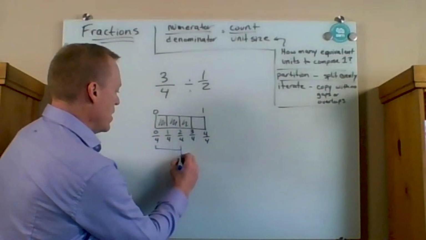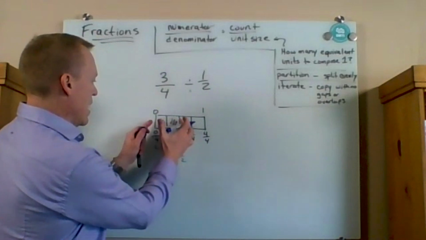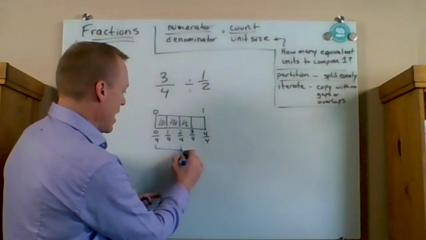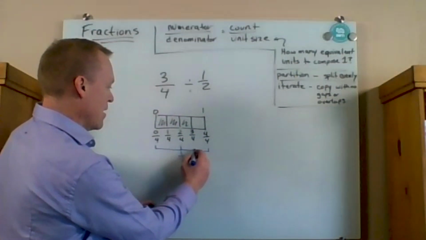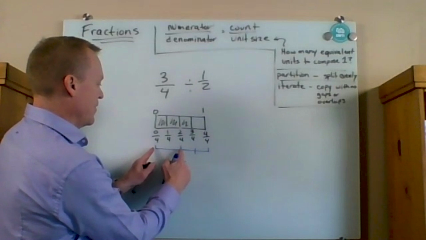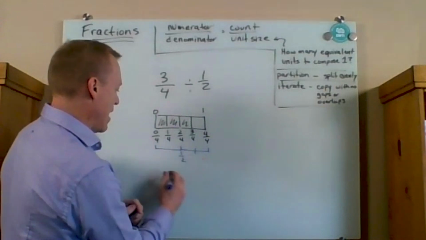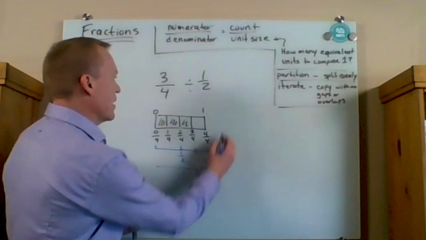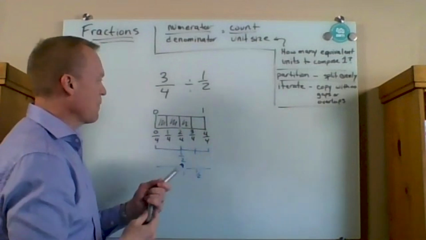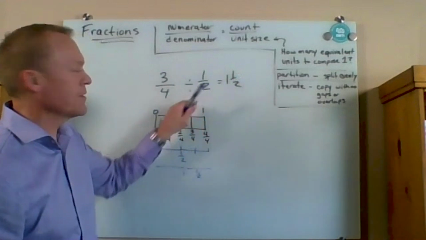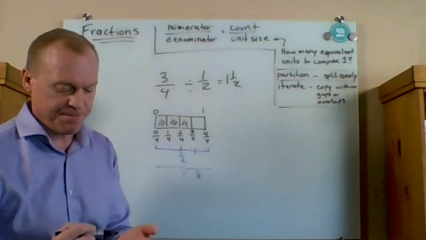So there is a 1/2 unit, and I can clearly have one of these. I have another 1/2 unit, but only half of it fits. So I can fit 1 and 1/2, so that's 1 unit and a half a unit, which is equal to 1.5. So 1.5 halves fit into the 3/4 unit.